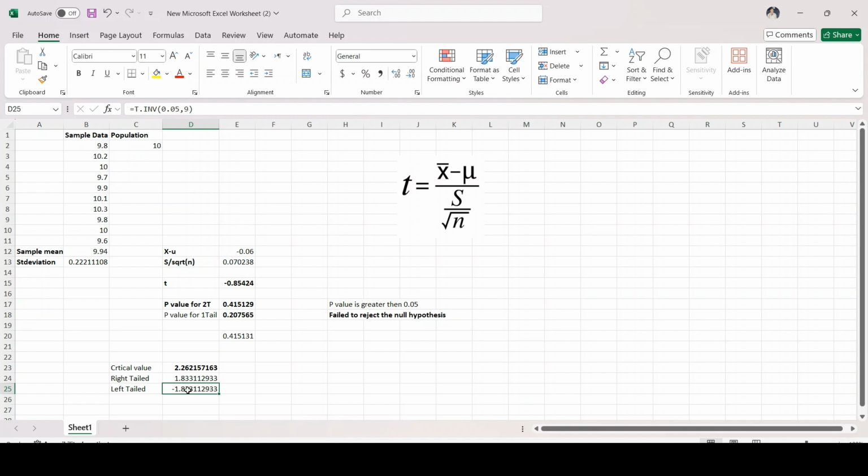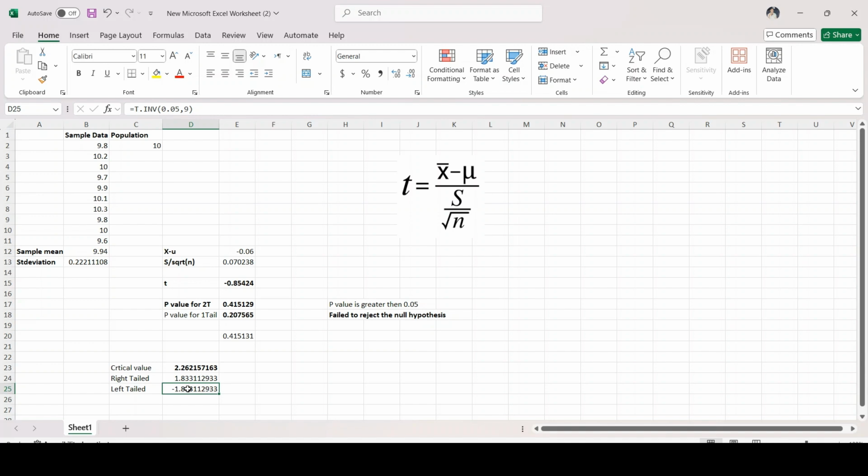As we know from our statement, we are not sure of the direction, so we have to look at both tails, right? The critical value on the positive side is 2.2, and this value is less than the positive side, and in the left tail it is minus 1.8. So the value is in between.